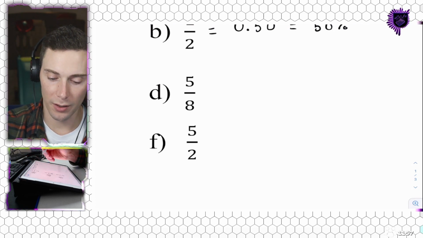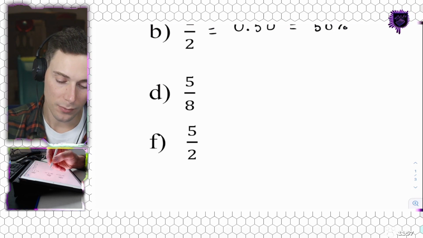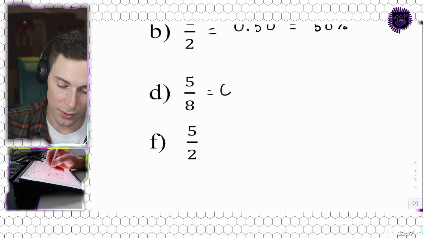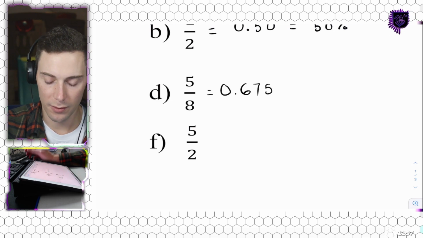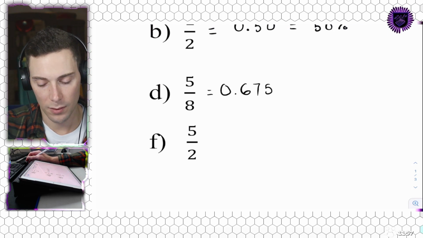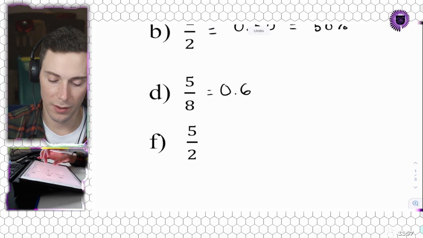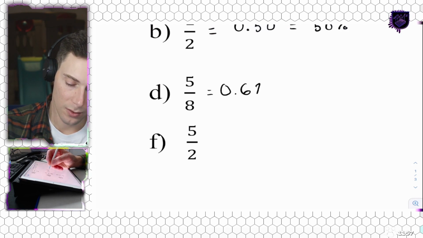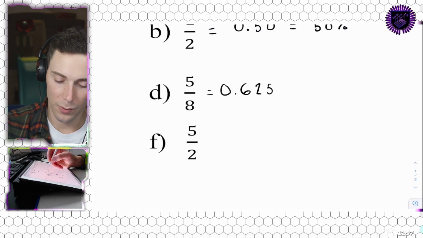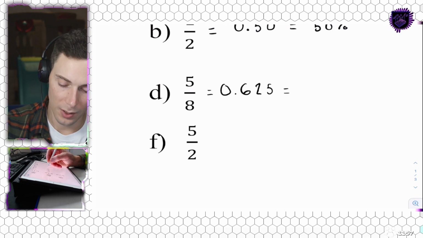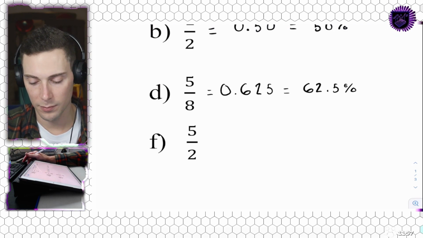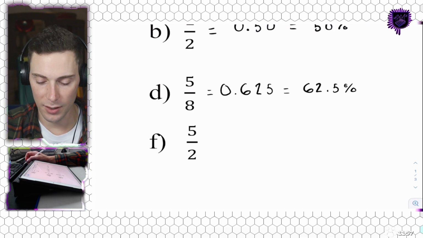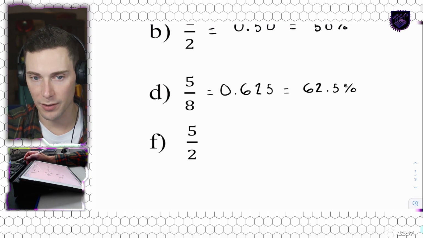So just do that on a calculator if you don't already know. So this is going to be equal to 0.675. Sorry, not 675, 625, which is going to be equal to 62.5%. So 5 out of 8 is 62.5%.